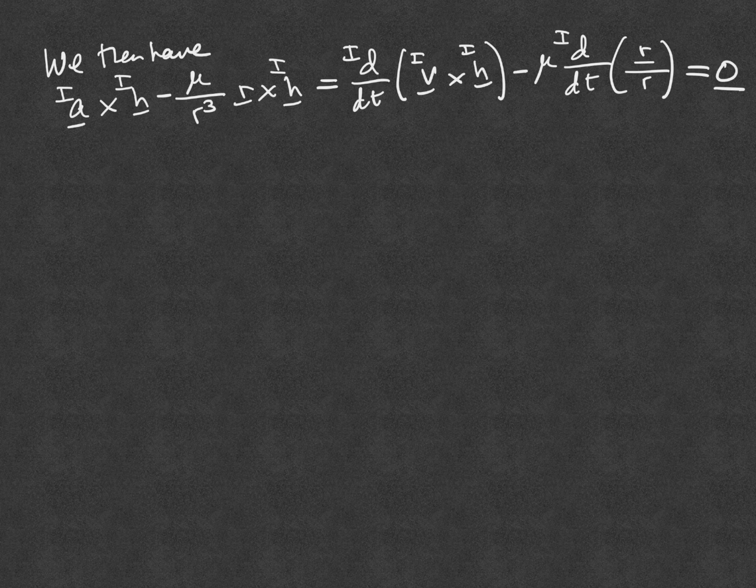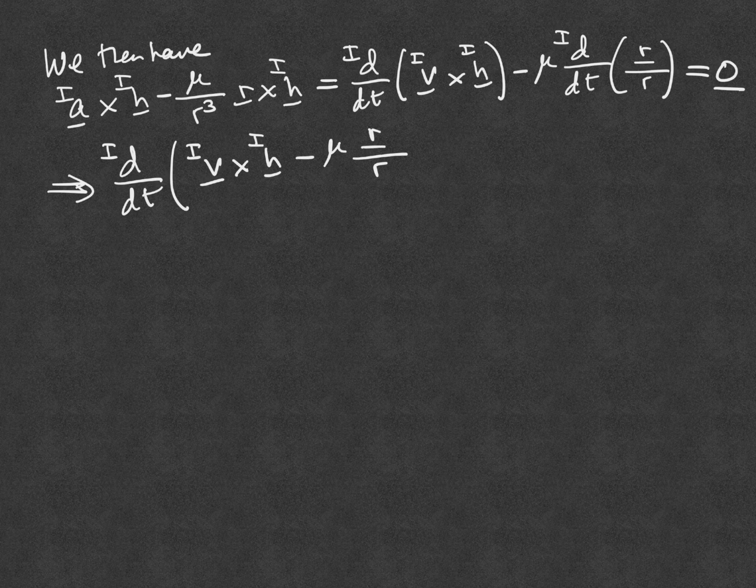Now you can see that we can pull out the rate of change in the inertial frame out of the whole thing. So that gives us d/dt in I of VI crossed with HI minus mu times r divided by r has to equal 0.